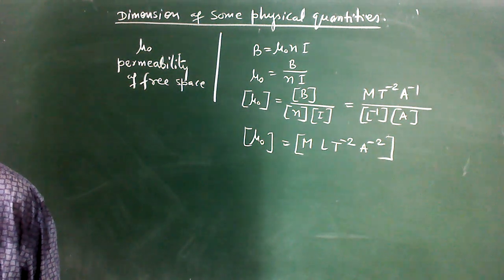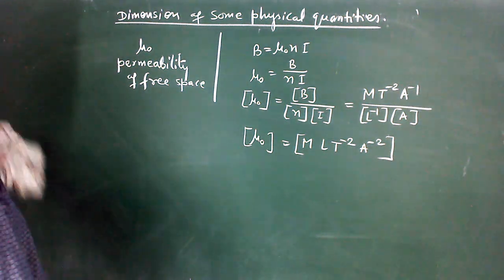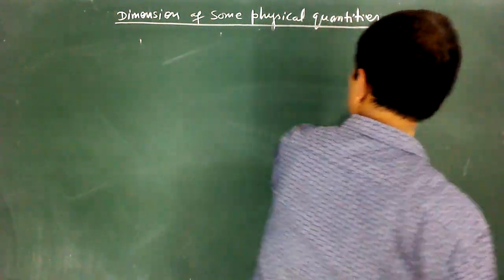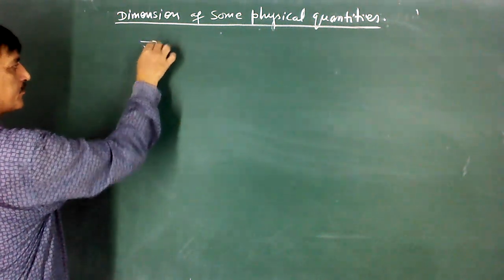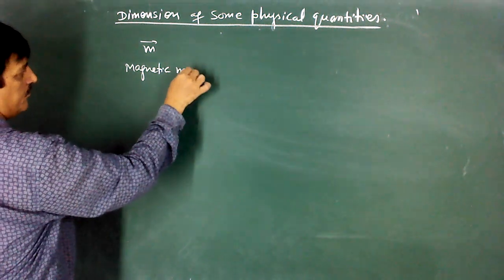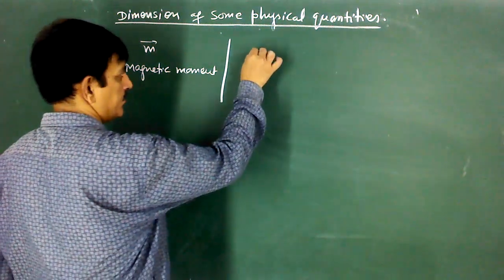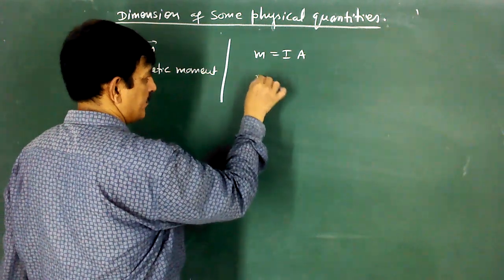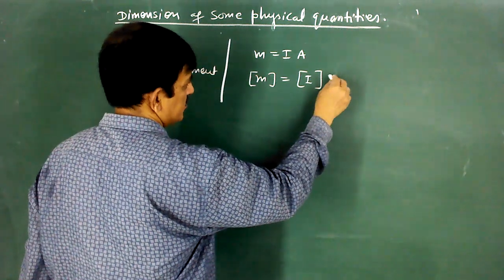Now we want to calculate the dimension of magnetic moment. Since we know that m is equal to I into A, so dimension of m is equal to dimension of current into dimension of area.